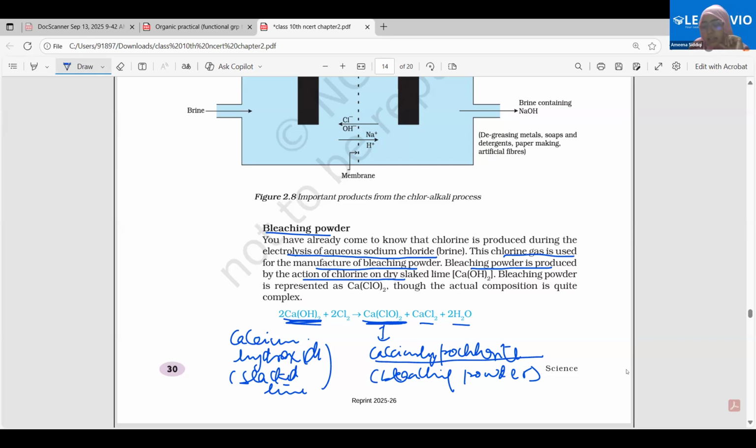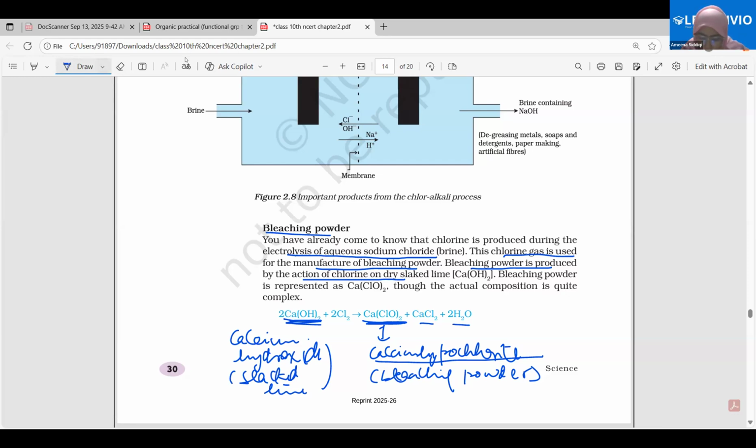Ma'am, the chemical equation is different in mine. Just a second, I'm coming to that. Bleaching powder is a common name for this. Yes, Afshin, what's the problem? The reaction is Ca(OH)2 and then Cl2 it gives CaOCl2, H2O.